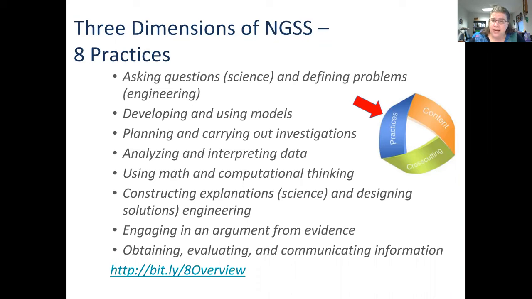So there are 8 practices that are identified. Asking questions and defining problems. Asking questions focuses on the science track, where defining problems focuses more on engineering.